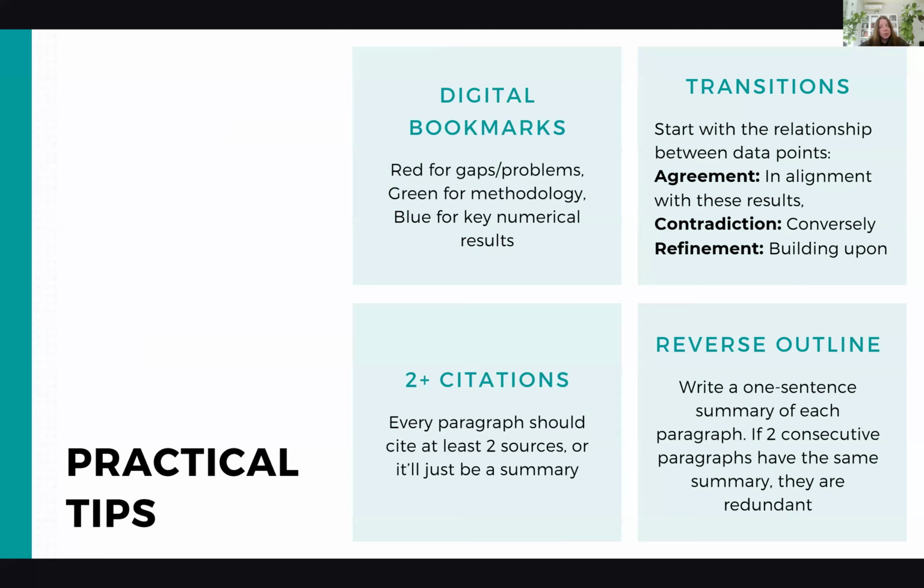It's just a summary or a paraphrasing of another's work. And that's not what you are here to do. So, your thesis, your literature reviews should synthesize data from different sources. So, 2 citations per paragraph or per section at least.